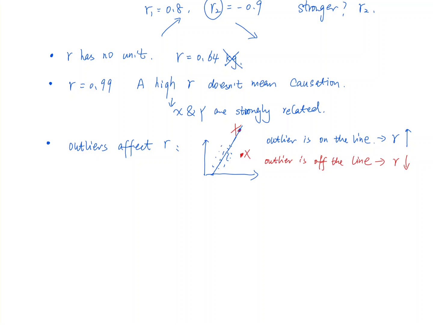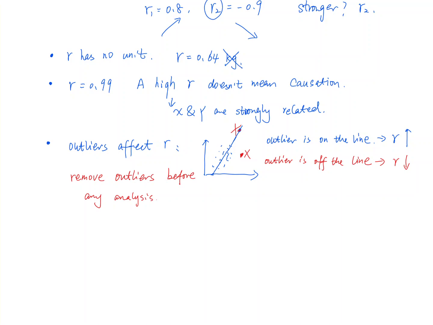The outliers affect the true correlation. So we say the outliers affect the correlation, so we need to remove the outliers before any analysis.